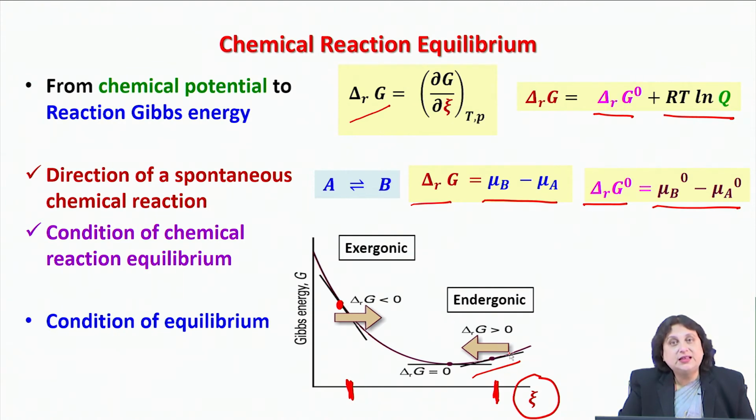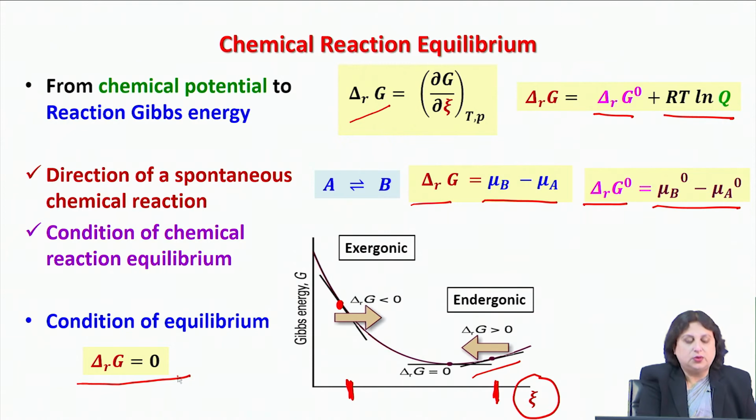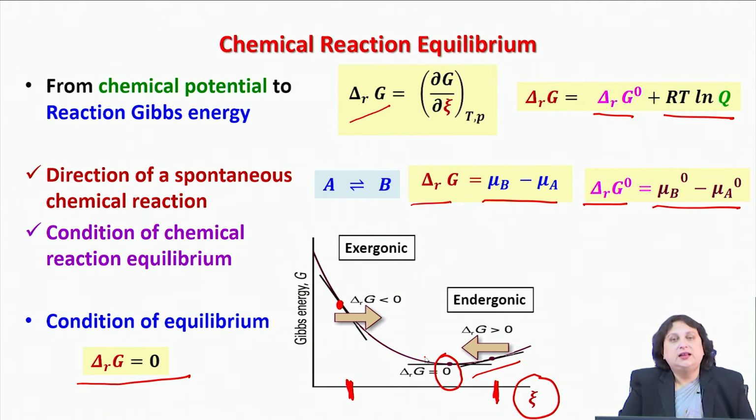And that gives us, obviously, the condition of equilibrium. So the condition of equilibrium we identify as when the reaction Gibbs energy is equal to 0. And that is this point as highlighted in this particular plot.